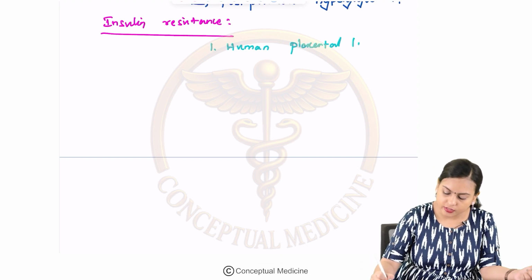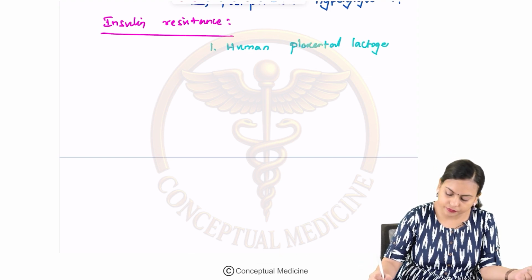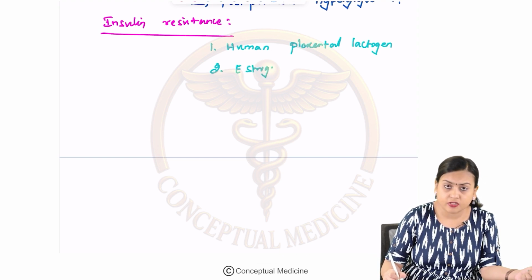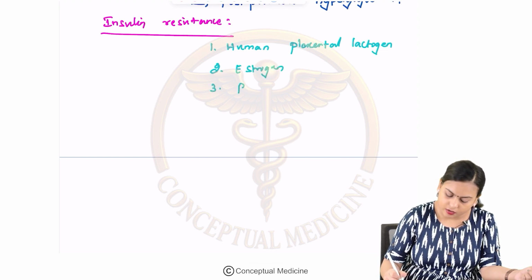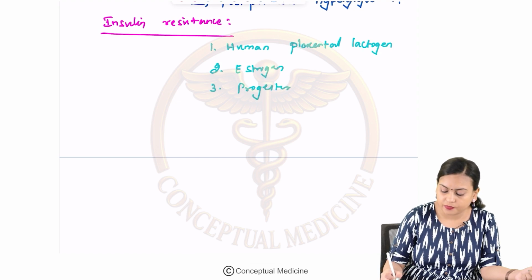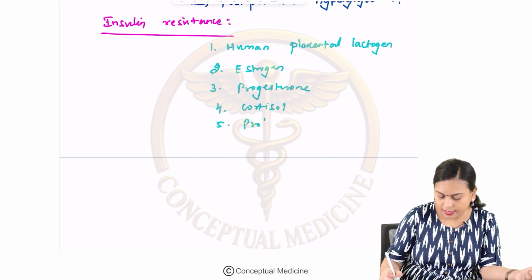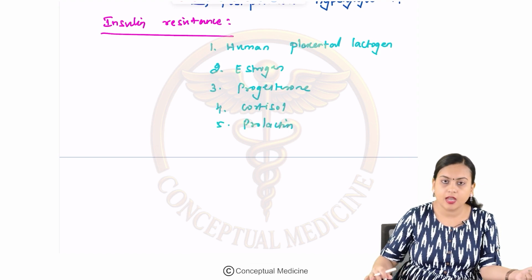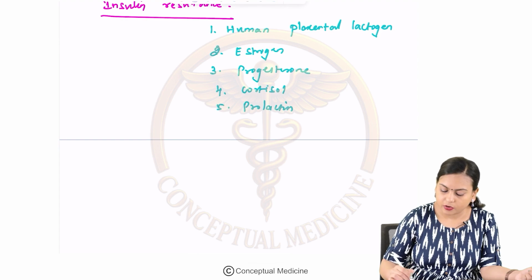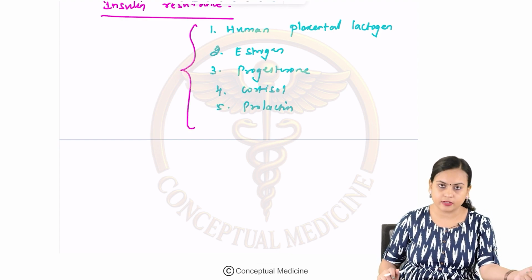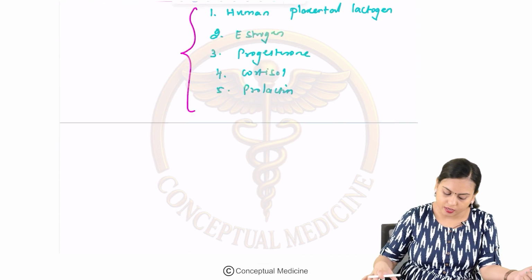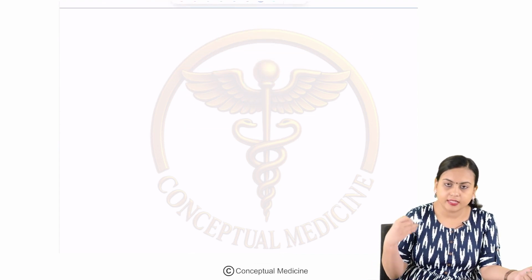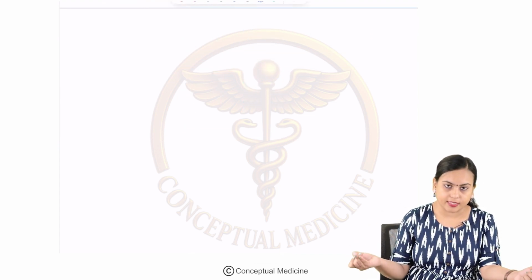Then the hormones estrogen, progesterone, cortisol, and prolactin. So these are some of the hormones that are leading to insulin resistance. Clear?